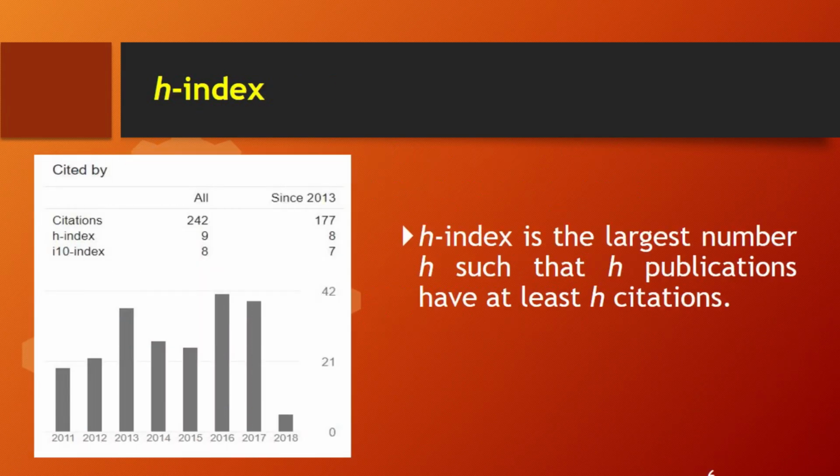Similarly, H index. H index is also calculated based on the number of citations. H index is the largest number H, such that H publications have at least H citations.